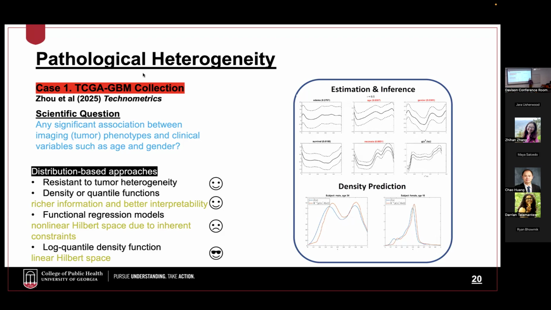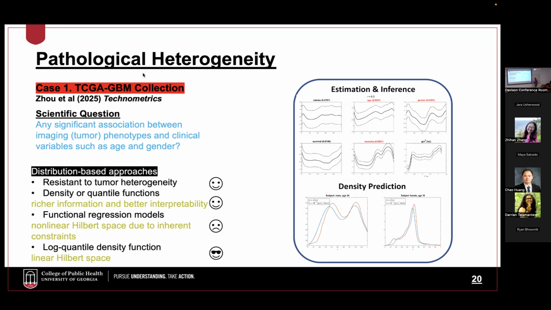We can predict these density functions for newly coming subjects for their tumor areas over here. So you can see here, this blue line is the observed intensity function for their tumor areas, and this red line is our predicted density function for that tumor area.